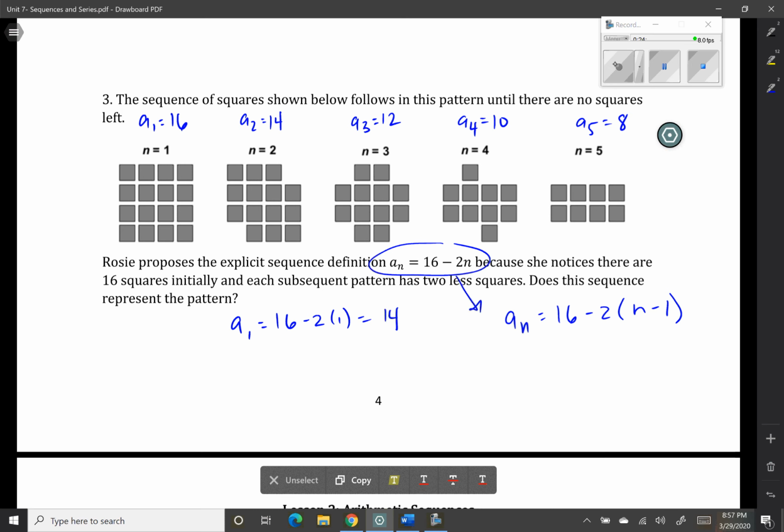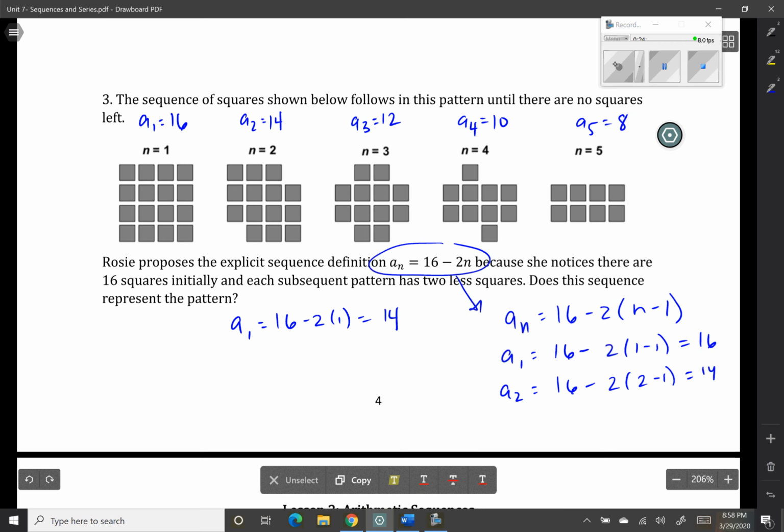By making that one little change to this pattern, if I plug in 1, I get 16 minus 2 times (1 minus 1), which gives us 16. If I plug in 2, I'd say 16 minus 2 times (2 minus 1), which gives us 14, and we would actually generate the pattern correctly. So Rosie's explicit sequence definition is actually incorrect.